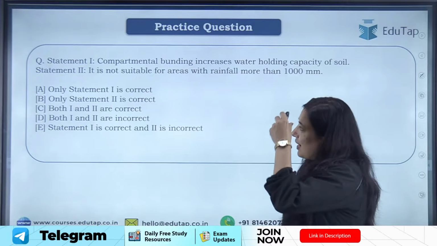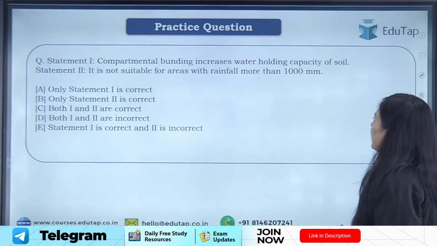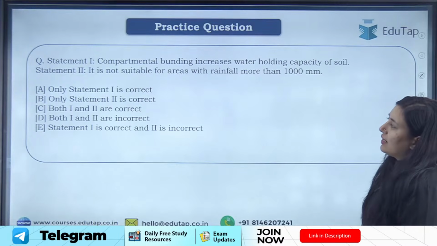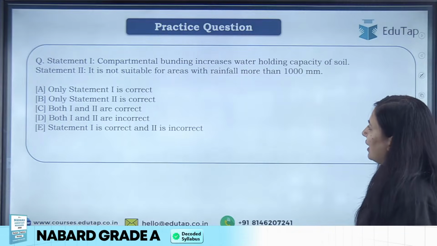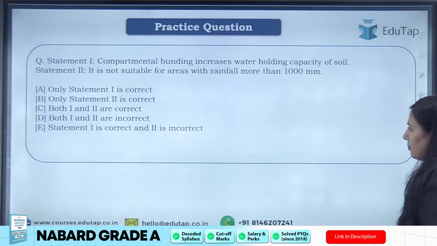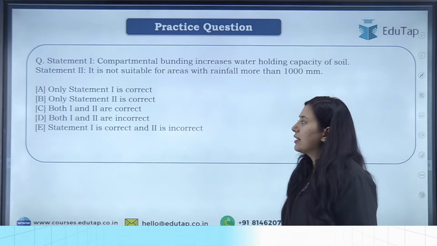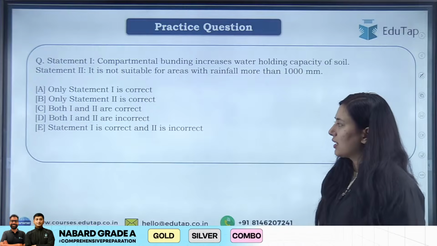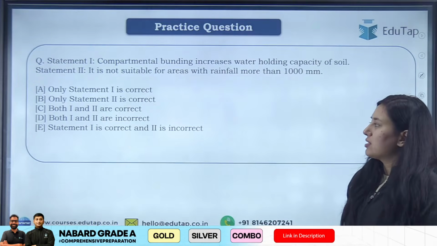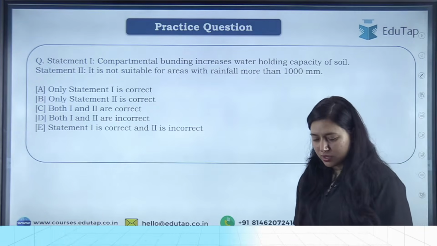Next question is, compartmental bunding increases water holding capacity of soil. It is not suitable for areas with rainfall more than 100 mm. So you have to tell me which option is correct. Only statement 1 is correct, only statement 2 is correct, both are correct, both are incorrect, या फिर statement 1 is correct or statement 2 is incorrect.